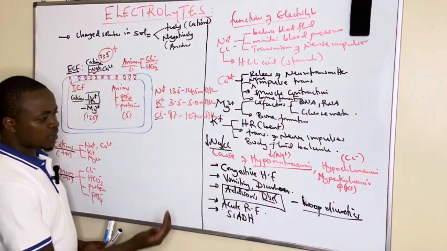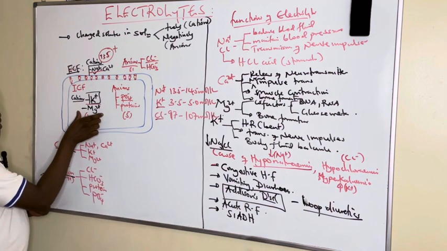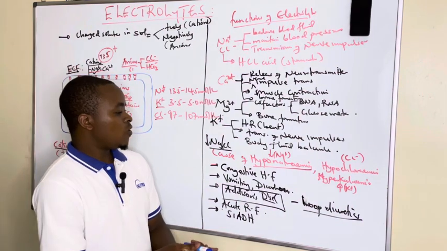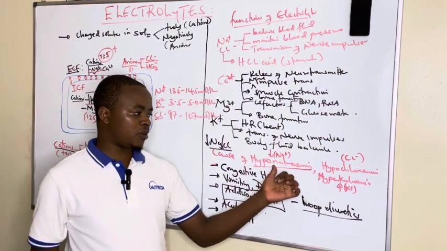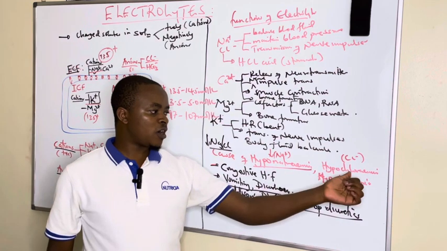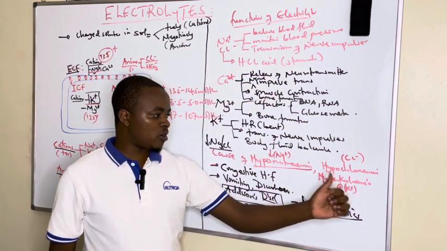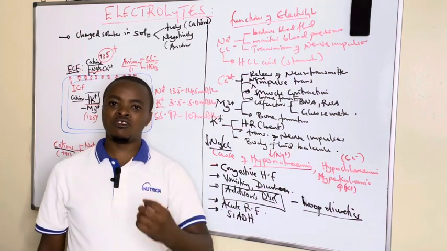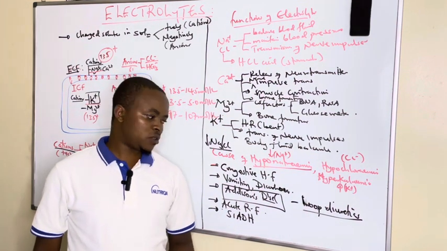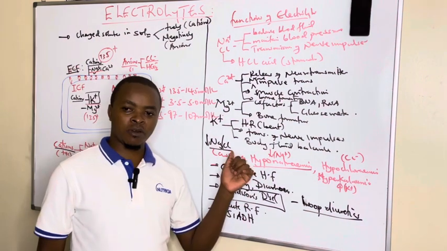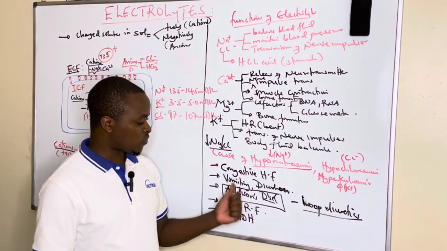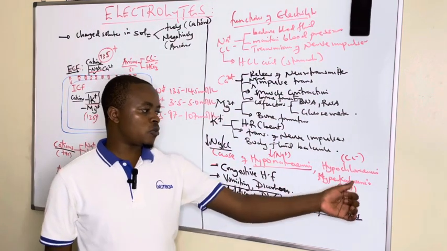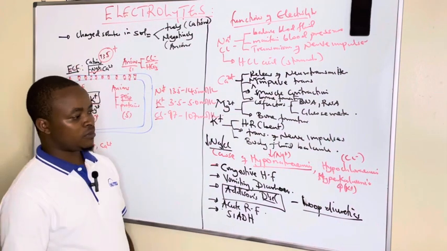Why is it potassium hyperkalemia? Because potassium is found intracellularly, so it is the opposite. Whenever you're asked causes of hyponatremia, or causes of hypokalemia, or causes of hyperkalemia, these are the ones you list. Or we can even be asked in objectives, what we call multiple choice: the following are causes of hyponatremia except. So you should always know that these are the causes of low potassium, low sodium, low chloride, and high potassium.